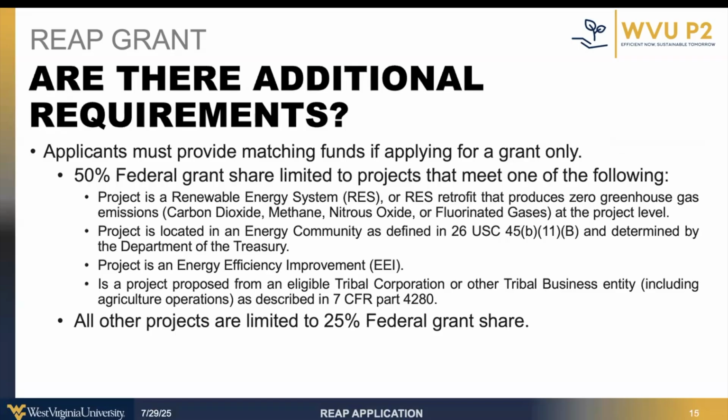Others are capped at 25%. You will also need matching funds if applying for a grant, and your project must use reliable, proven technology. Remember, grant percentages, eligible amounts, and deadlines are subject to change. Always check the USDA REAP website or reach out to us directly if you have any questions.